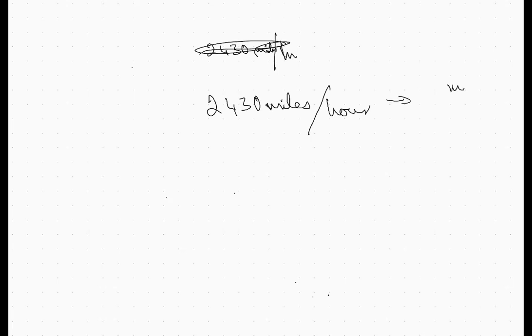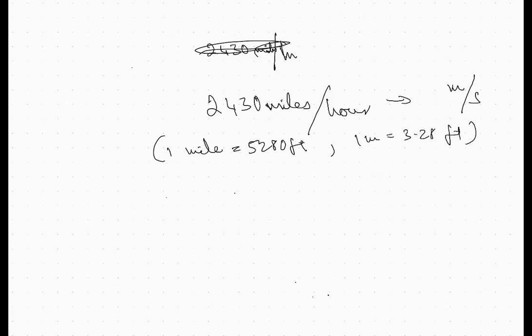They have given us 1 mile is 5280 feet, and 1 meter is 3.28 feet. They haven't given hours to seconds. They expect you to know 60 seconds is 1 minute, 60 minutes is 1 hour. So when you're converting, first we write what they have given, 2430 miles per hour.